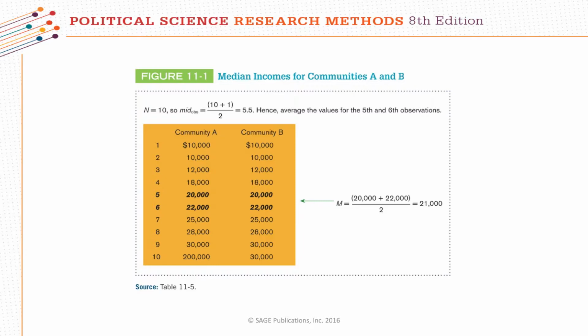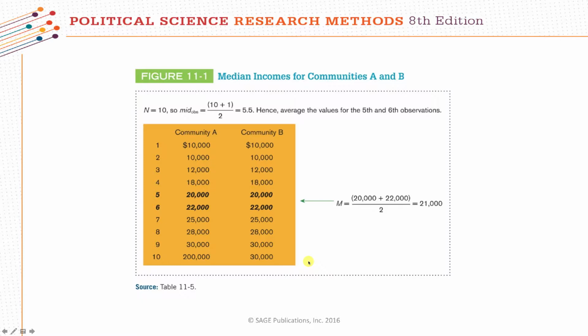Well, in community A, this first column, the lowest prices, we have 10,000, 10,000, 12,000, 18,000, 20,000, 22,000, 25,000, 28,000, 30,000, and then 200,000. And over here we have the exact same units, the exact same housing prices, all the way down to the bottom. The 10th observation here is 30,000, whereas the 10th observation here is 200,000.